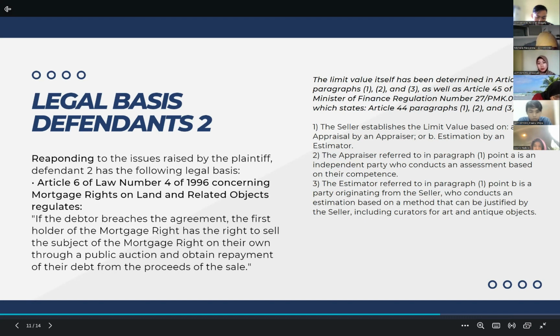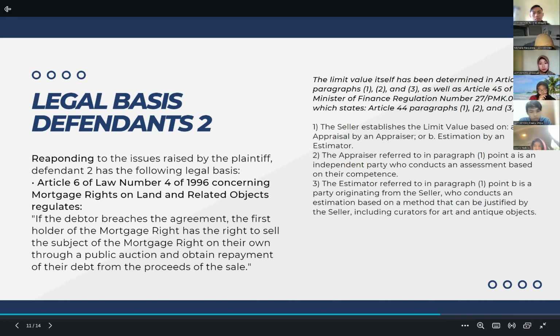Article 45 of Minister of Finance Regulation Number 27/PMK.06/2016, which states in Article 44, paragraphs 1, 2, and 3: First, the seller establishes the limit value based on A, appraisal by an appraiser, or B, estimation by an estimator.